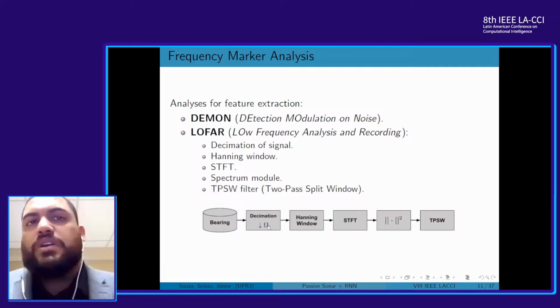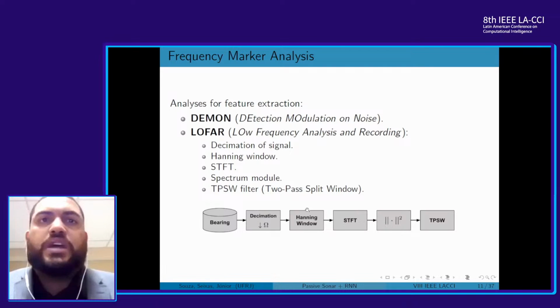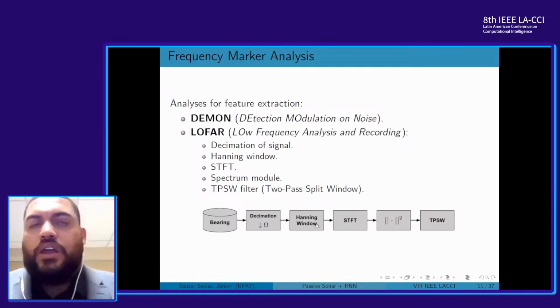So we take this bearing that was processed by the beamformer. We apply a decimation. Here I put capital omega to apply a decimation that is trying to squeeze the frequency range that we have. After that, we apply a Hanning window and a short-time Fourier transform.